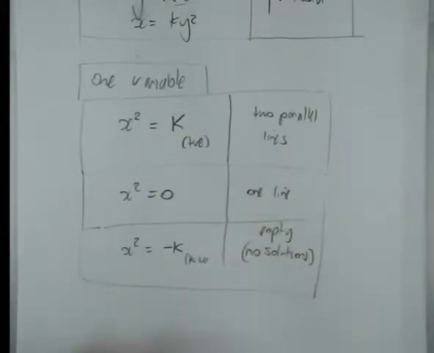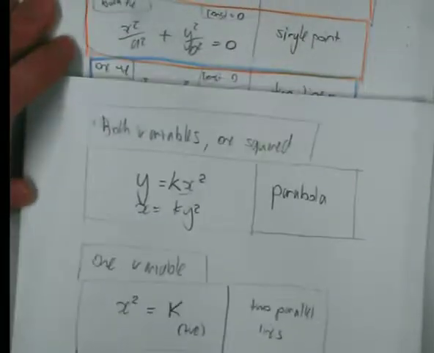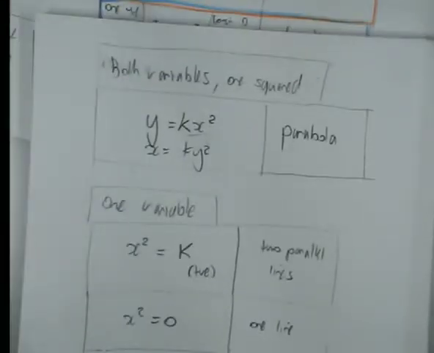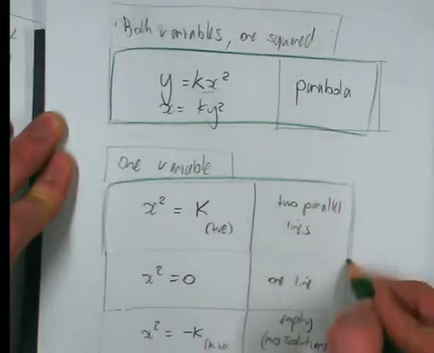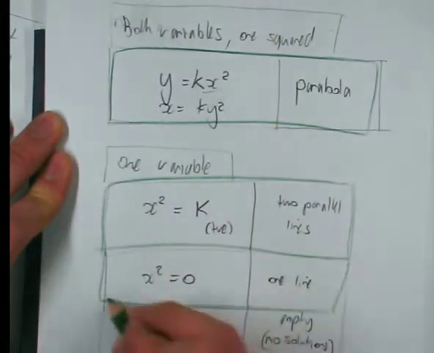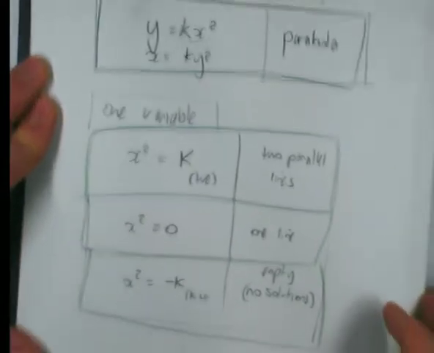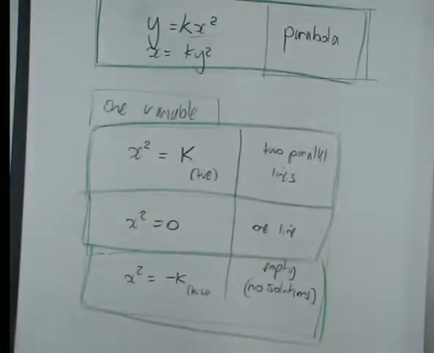So they are all the options for things that could happen. And of course, if there's no squares, then there's straight lines. So we don't have to worry about them. So in this family, these are all part of the same family. Okay, your parabola and your other ones, they're all part of the same family as each other, because that k can be considered to be the coefficient of y.